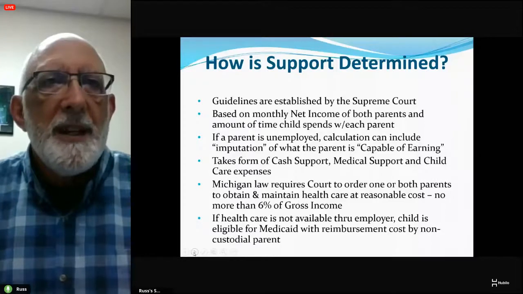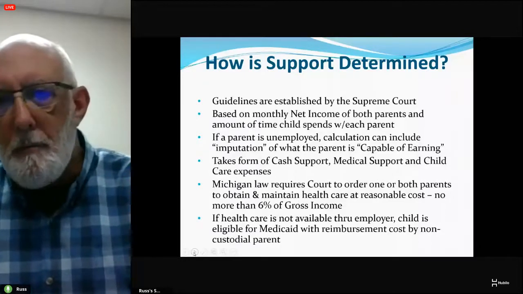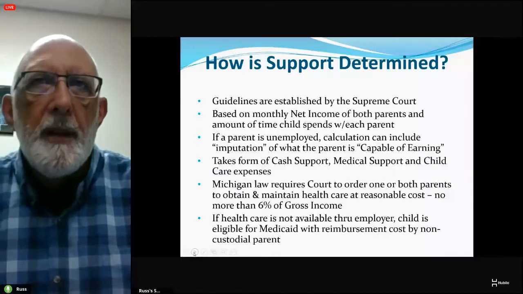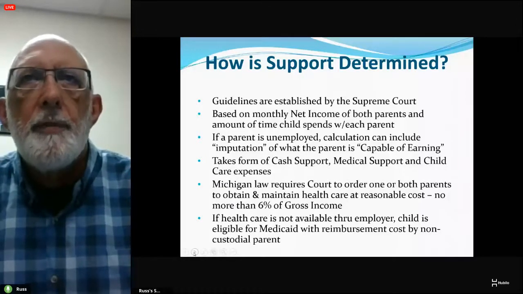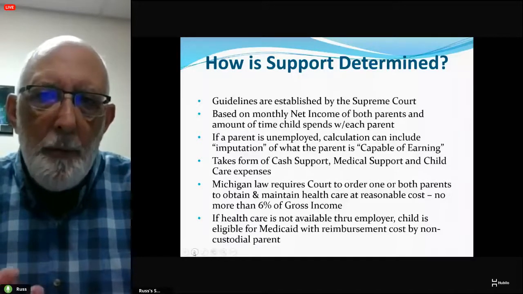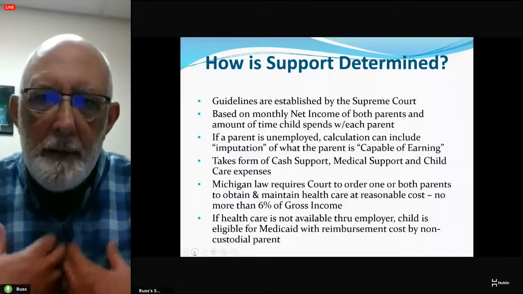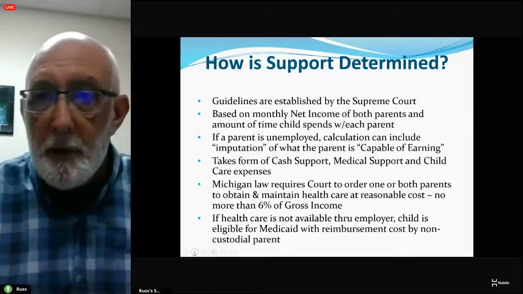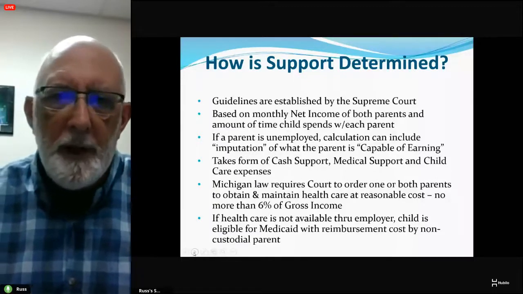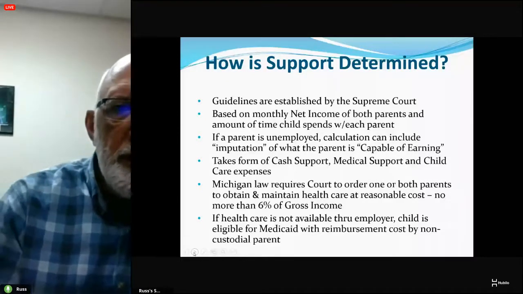Each of the 50 states has joined with the Internal Revenue Service and Social Security Administration to develop guidelines for what my child support order might look like and how it's determined. They've generated a software application where that information gets plugged in.